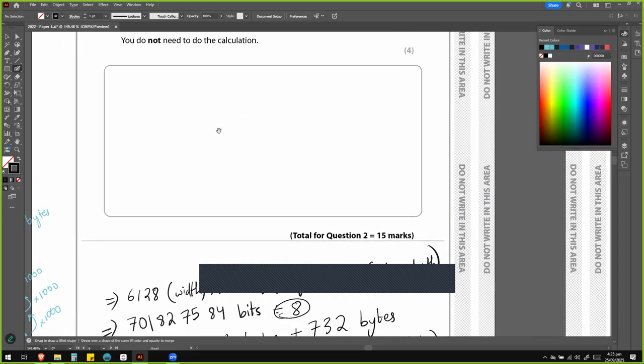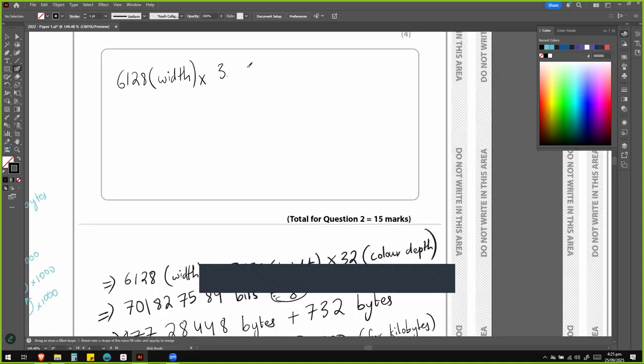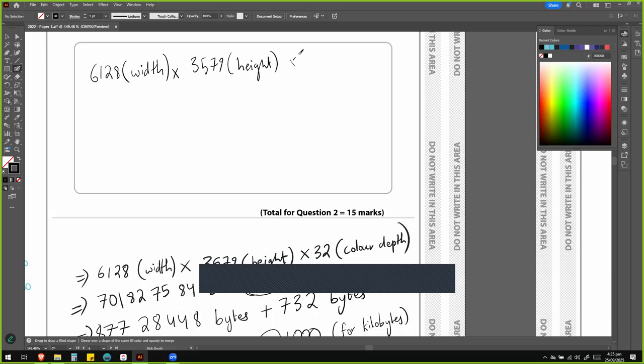So what you can write here is, you can simply say 6,128, that's the width, multiplied by the height. Sorry, I write the height first. 3579, that's the height, multiplied by 32, which is the color depth.